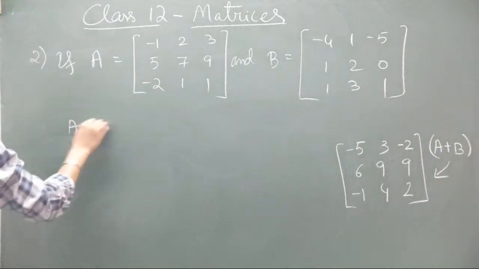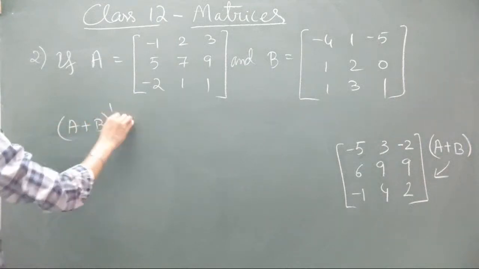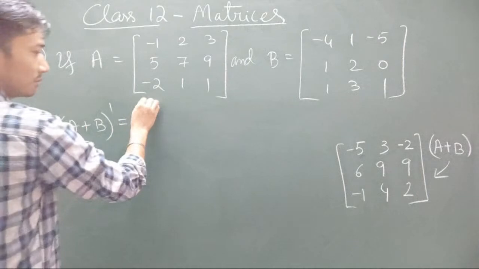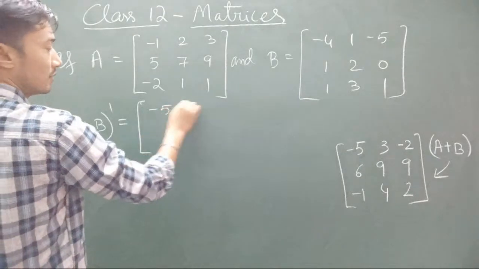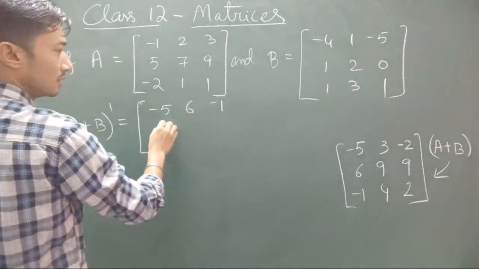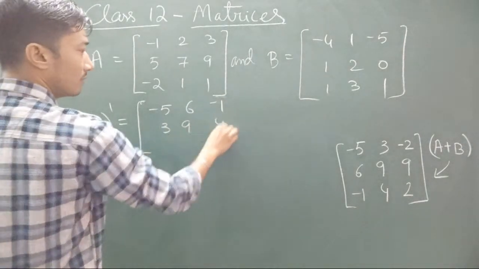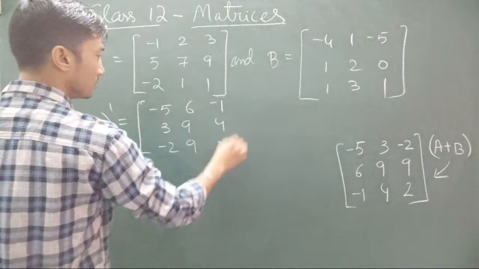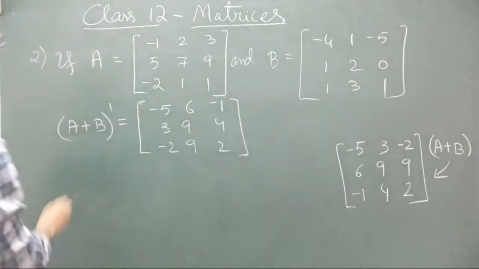So what is A plus B transpose? A plus B transpose will be -5, 6, -1, 3, 9, 4, -2, 9, 2. So this is our A plus B transpose.